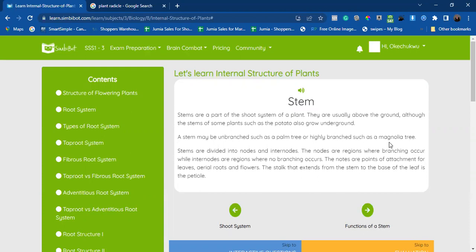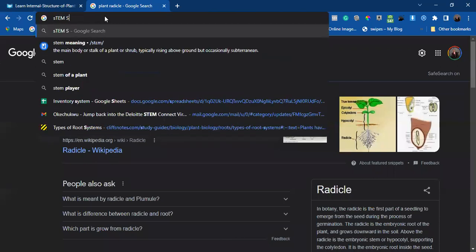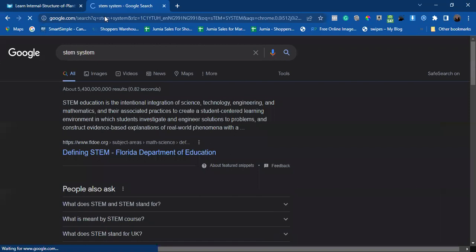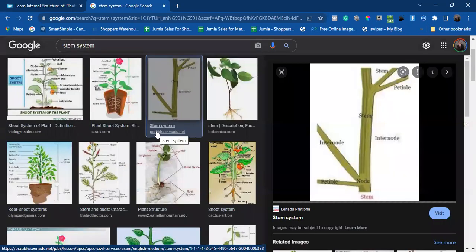Now, the stem is divided into what we know as the nodes and the internodes. Let me use a picture to explain this to us. All right.